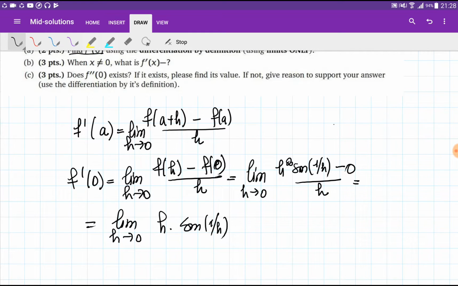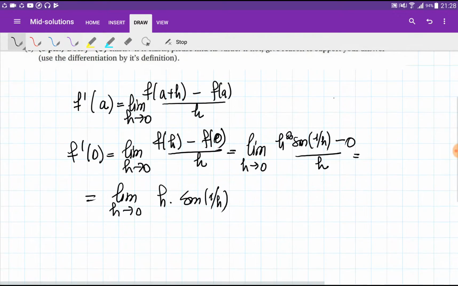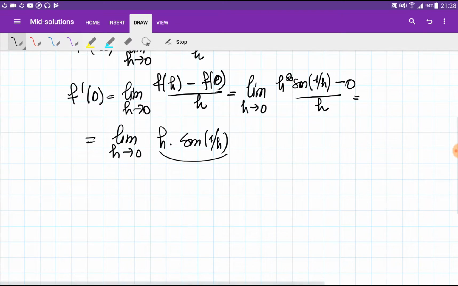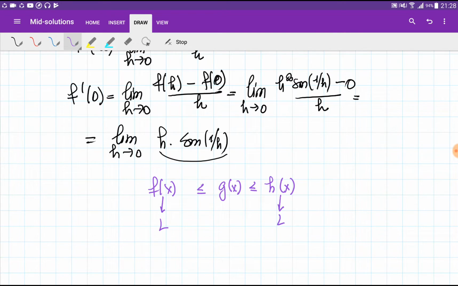Basically we know that the limit of this function is in between two curves, right? Previously we've learned about the Sandwich theorem. If we're given three functions, f of x, which is always less than or equal to g of x, which is always less than or equal to h of x, and if the limit of f is equal to l, and the limit of h is equal to l, then obviously the limit of g will also be equal to l.